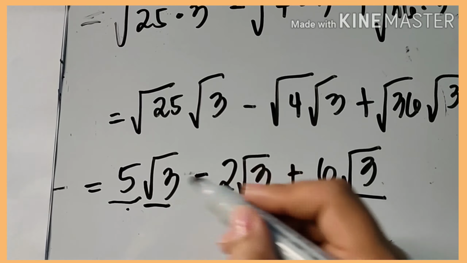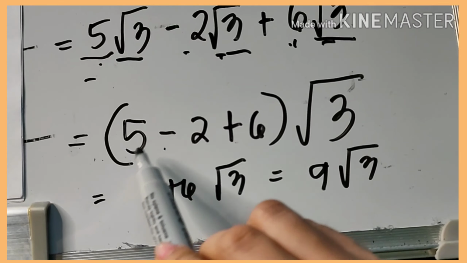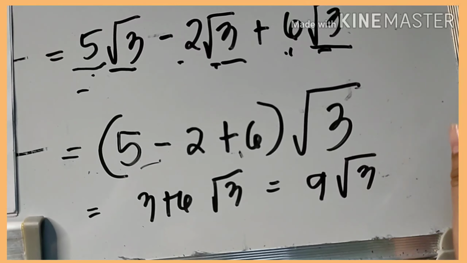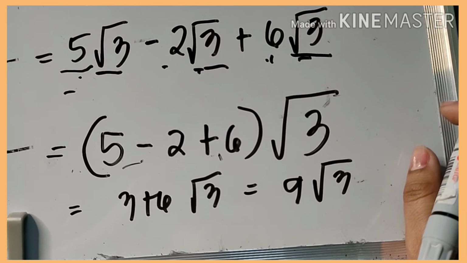So that's 3 plus 6 square root of 3 is equal to 9 square root of 3. So you might be confused that I'm not using the PEMDAS method. If you have addition and subtraction as your operations in the mathematical sentence, just follow the rule of left to right.